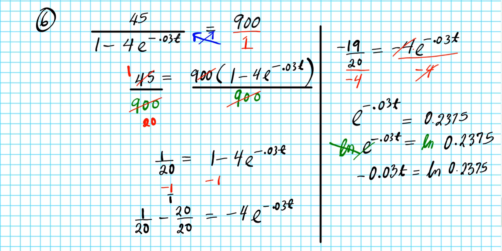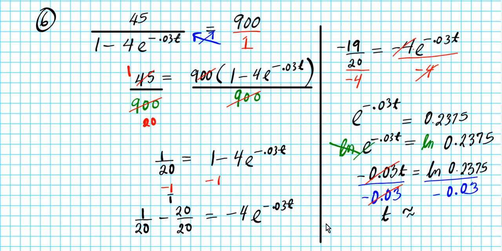To get t isolated, we divide both sides of our equation by negative 0.03. On the left side, we have accomplished our goal. T has been isolated when the negative 0.03 cancels out.